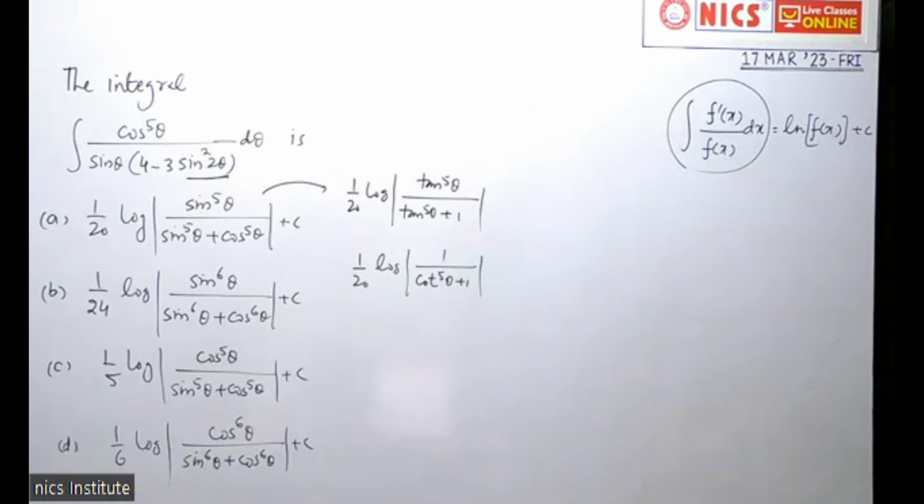And since you want to convert the question in terms of tan or cot, if you want to convert it to cot, you need to divide it by sine to the power 7, because cos to the power of 5 by sine to the power of 5 will be cot to the power of 5 theta, and 1 by sine square theta would be cosec square theta, which is derivative of cot theta. Or if you want, you can convert to tan also.